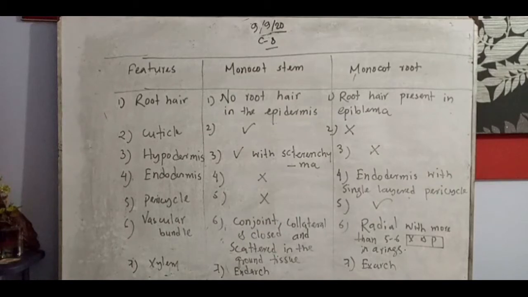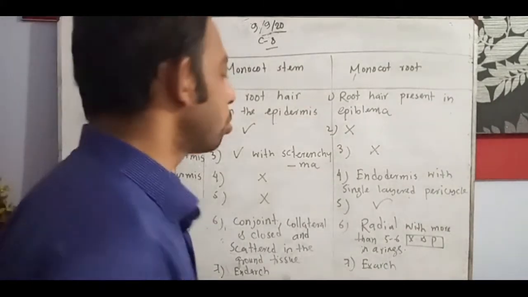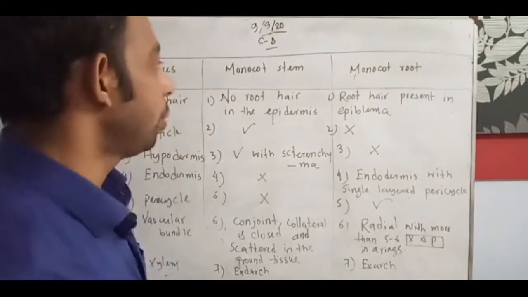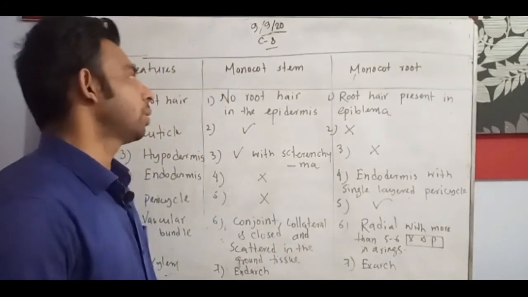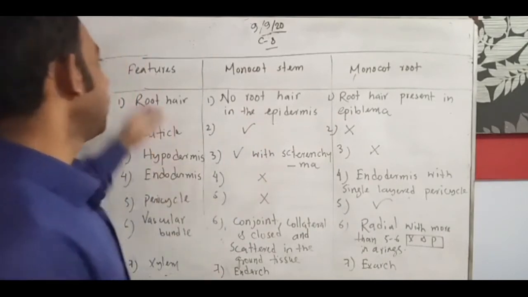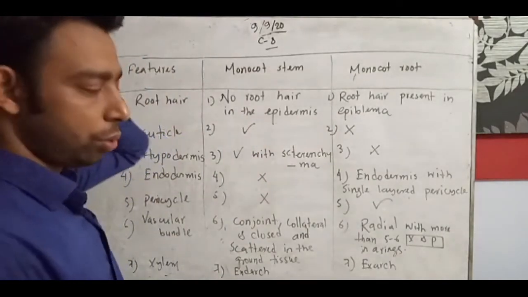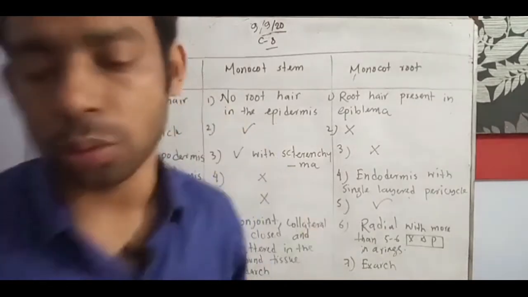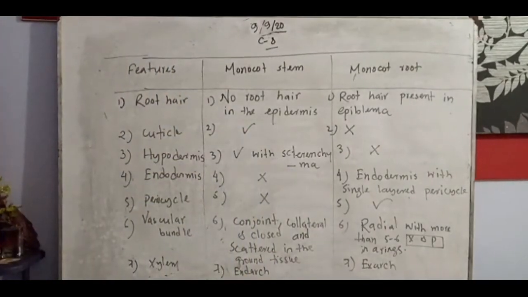That is the difference between monocot stem and monocot root, which we will try to discuss. If the discussion goes according to features, it will be easily understandable and we can easily get the points.